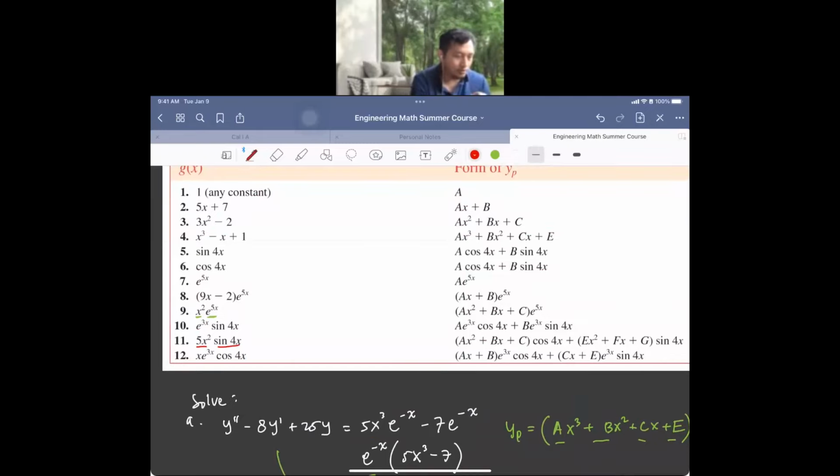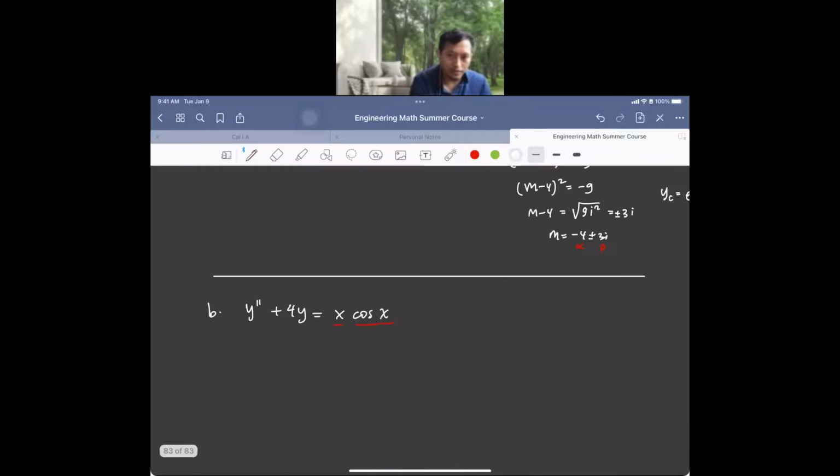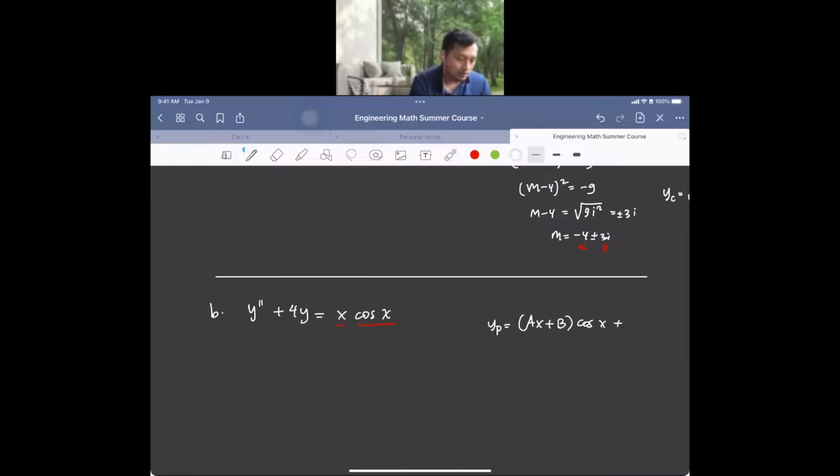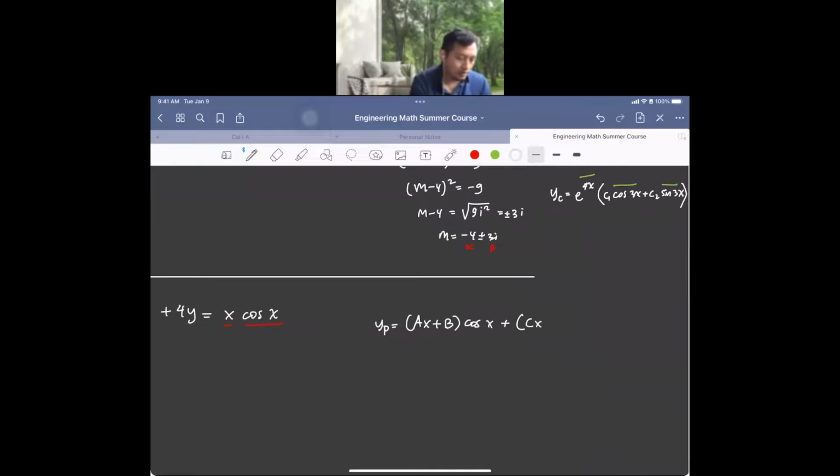But in terms of the polynomial, it is linear. So we are going to have ax plus b times cosine x plus cx plus e times sine x. Okay. It seems that this is our particular solution.